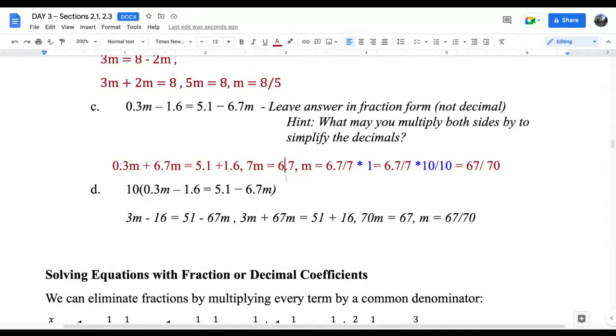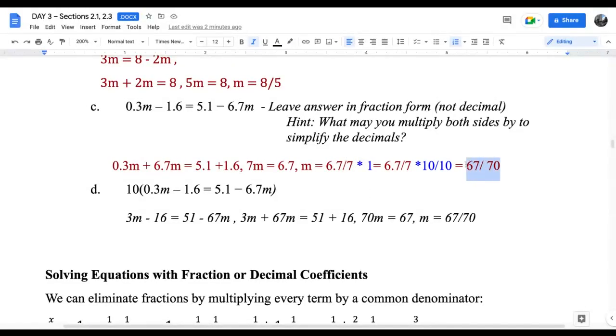Right? Then we do the same thing. We divide by 7 on both sides. So m equals 6.7 divided by 7. So how do we do this? Because we don't want the answer to be 6.7 divided by 7. So we multiply by 1, and this 1 is 10 over 10. So basically, we multiply 6.7 with 10, we multiply 7 with 10.